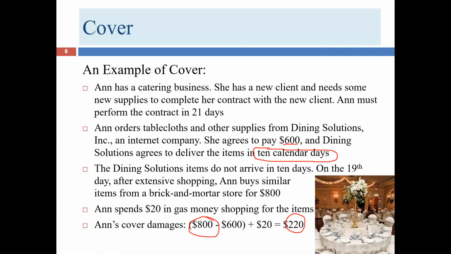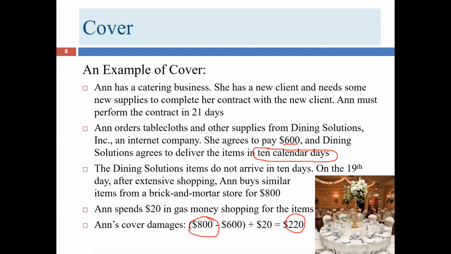But let's say Dining Solutions catches Ann before she's actually placed an Amazon order. I mean, she's run some numbers, she's checked some things out, but she hasn't actually pulled the trigger and ordered from Amazon. And so she's still thinking about which way she's going to go. Is she going to go with Amazon or some other business? So Dining Solutions calls her up and says, hey, we found the tablecloths.